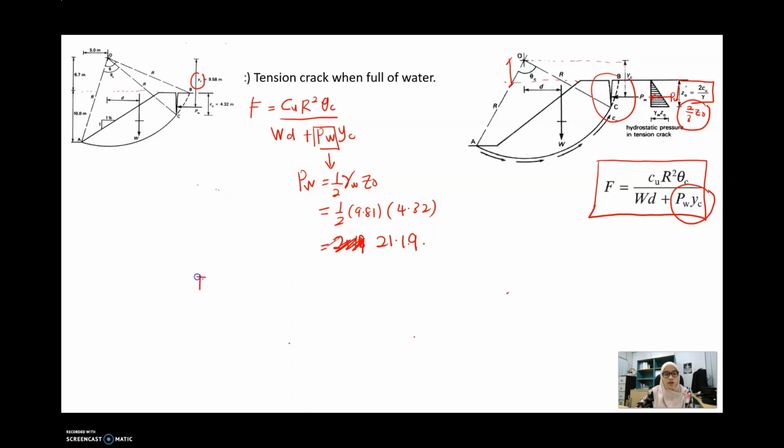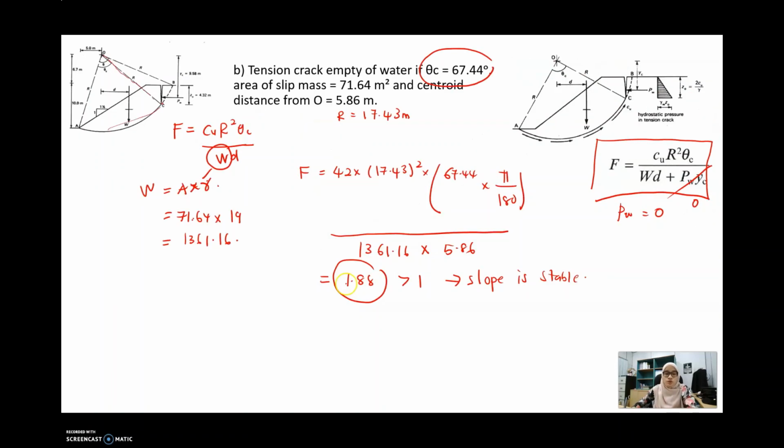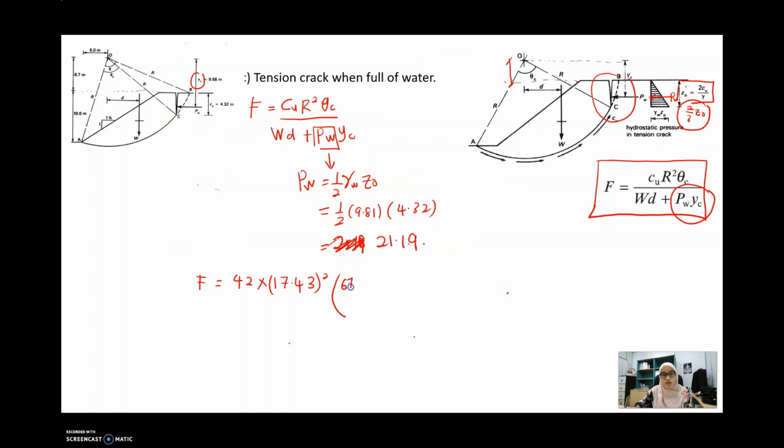So you can calculate the FS: Cu is 42 times 2, 70.43 power of 2. Remember, you need to convert to radian. 67.44 times 2 pi divided by 180, divided by W. What is your WD from the previous conditions?